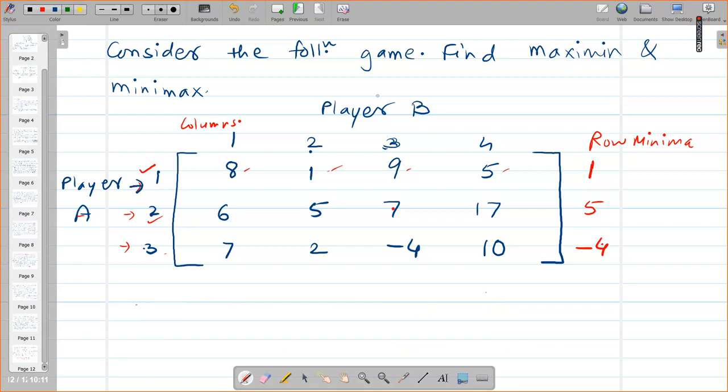Maximizing his gain. So player A should go for what number? Player A should go for this number. So this is the maximum among row minima. What is it called? Maximin. Have you understood why to find row minimum, and among those row minimums why to find maximum?